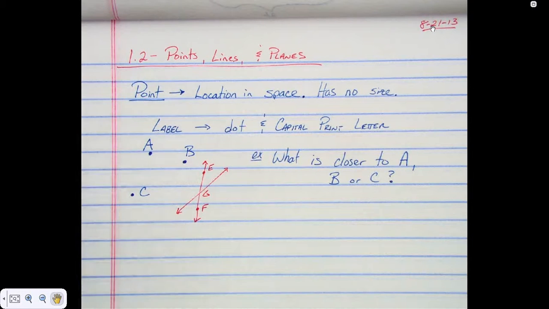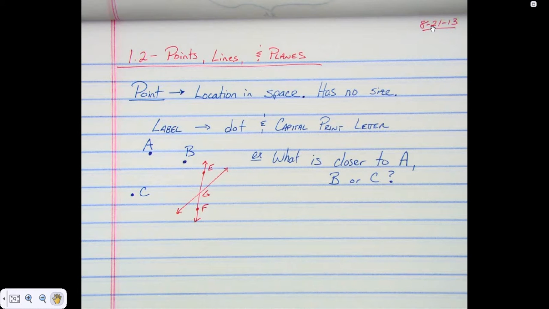What I've actually drawn here is two lines, and then some other things. Remember, a point is a location, so it's important you know where I'm talking about. Is there any confusion where point E, F, and G are?